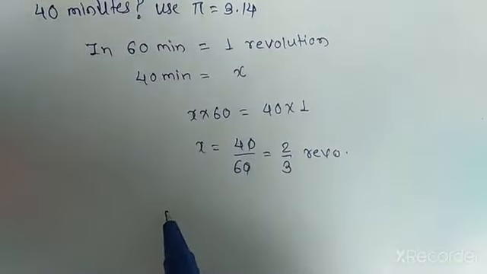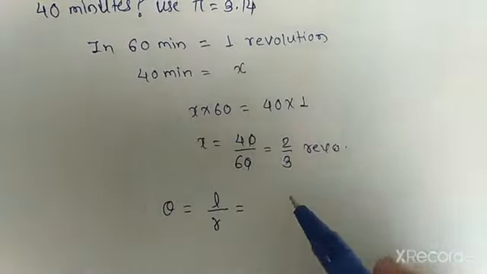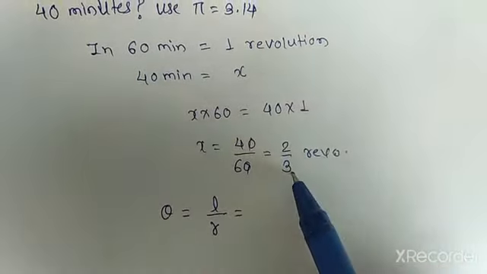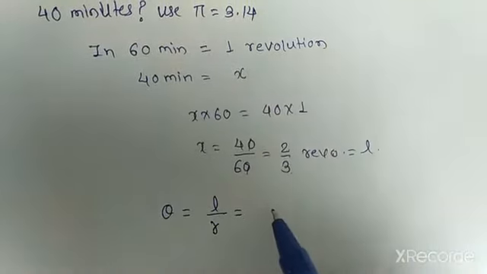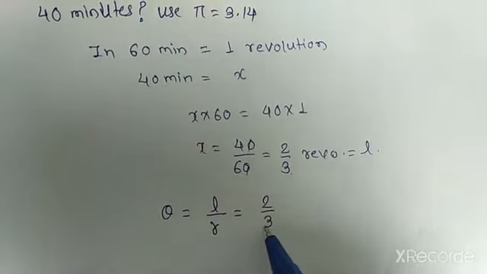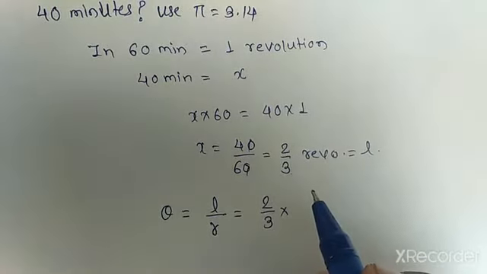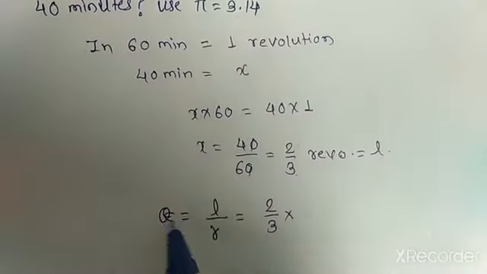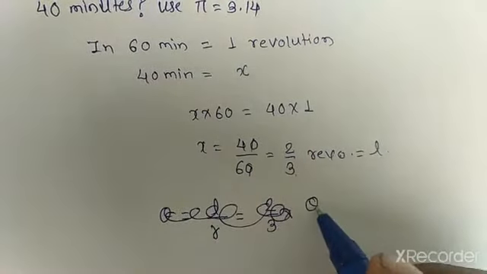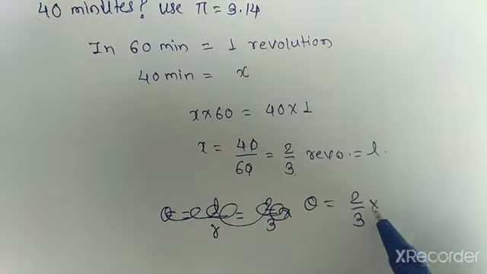Therefore we know that theta is equal to L upon R. Here theta is equal to 2 upon 3 into 360 degree.